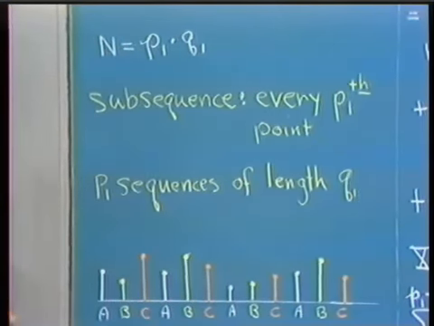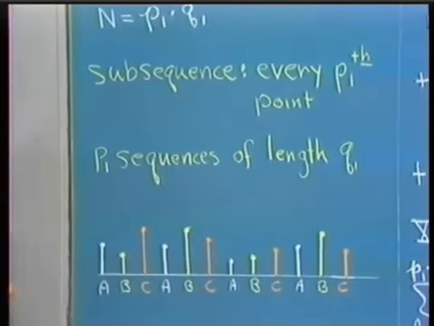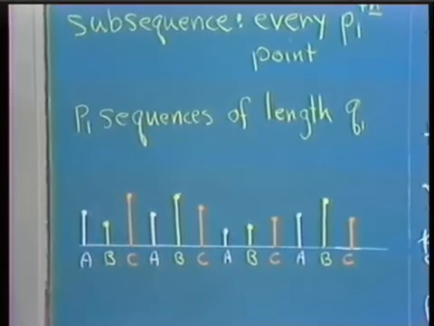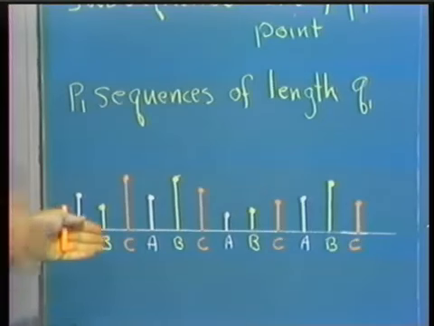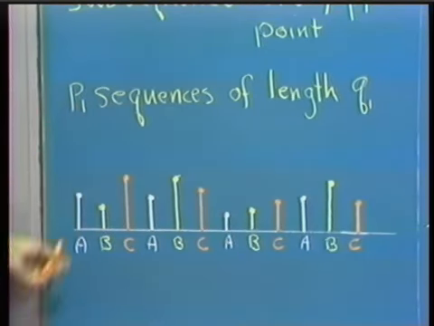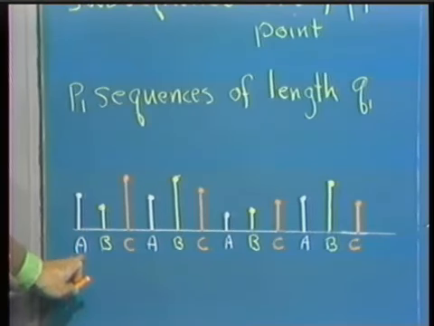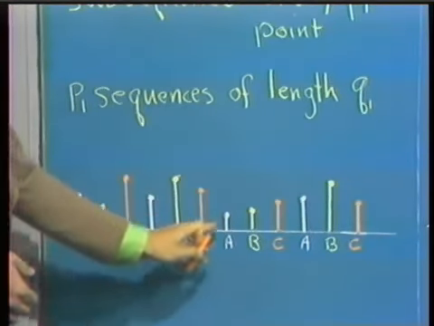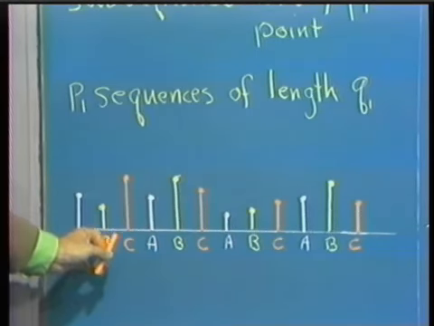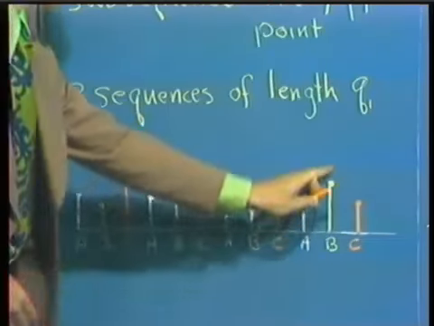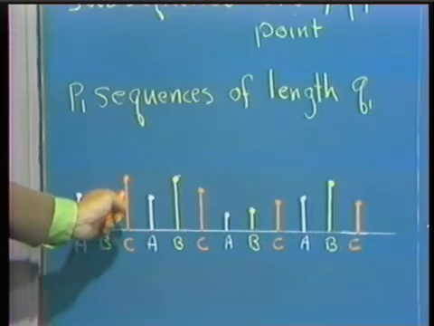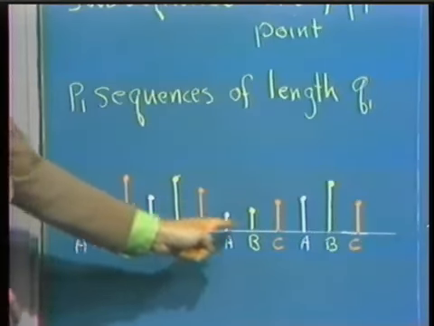More generally then, if we had, say, N equal to 12 and p1 equal to 3, we would generate 3 subsequences, each consisting of 4 points, chosen by selecting every p1th or every third point. So one subsequence, which I've denoted here by A, would be this point and this one and this one and that one. The second subsequence would be the subsequence B, which is comprised of this point, this, and that. And the third subsequence would be the subsequence C, which is this point, that point, and that point.